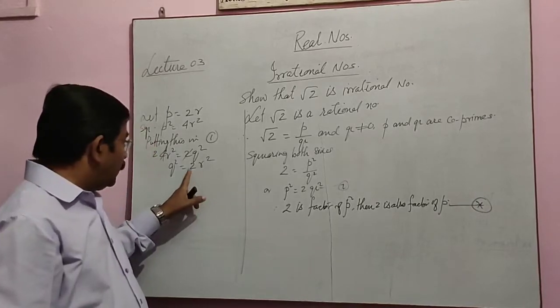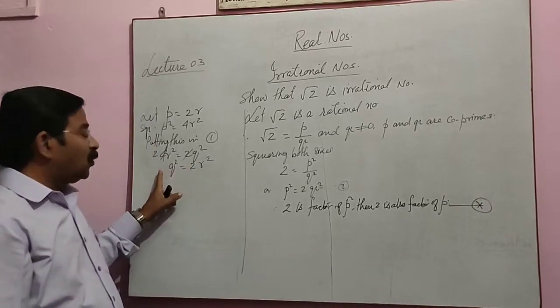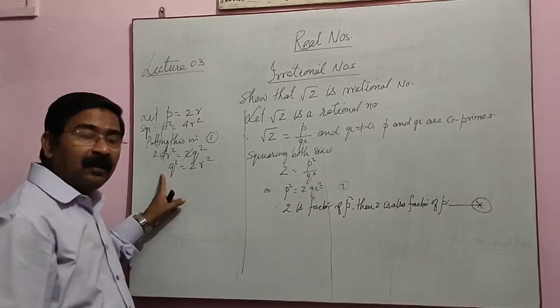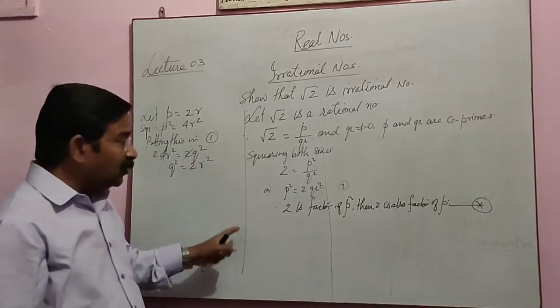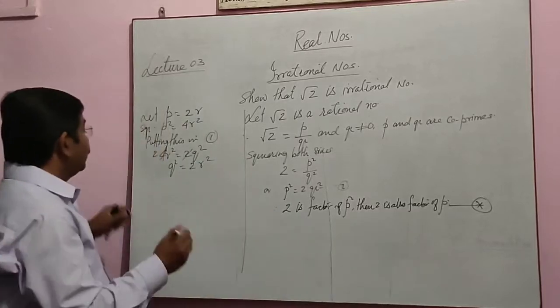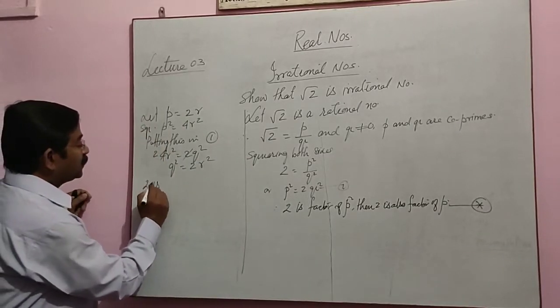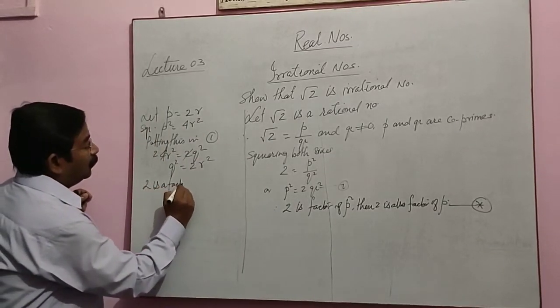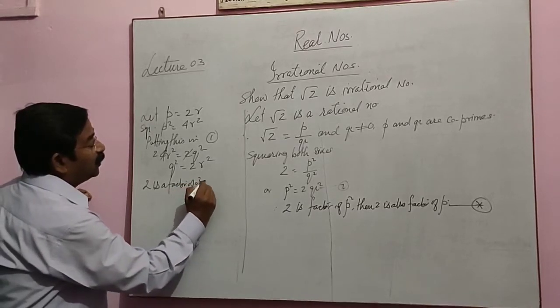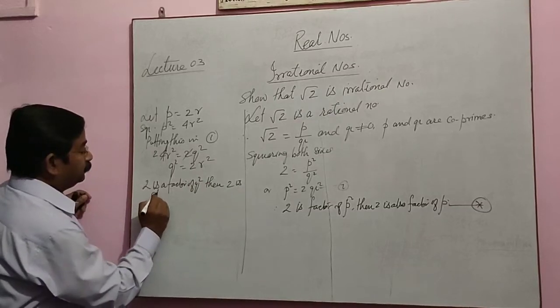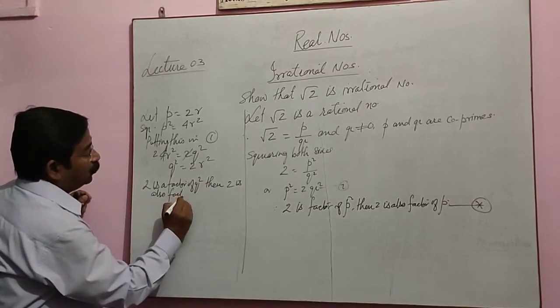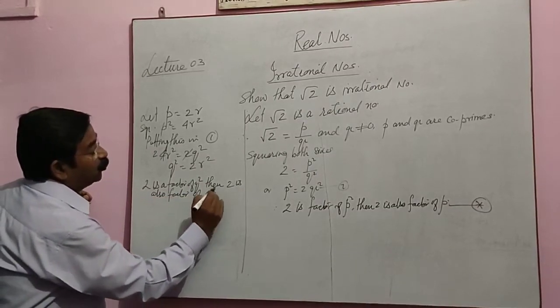What does it mean? Again 2 is the factor of q square. Then 2 is also the factor of q. So we write here 2 is a factor of q square, then 2 is also factor of q.